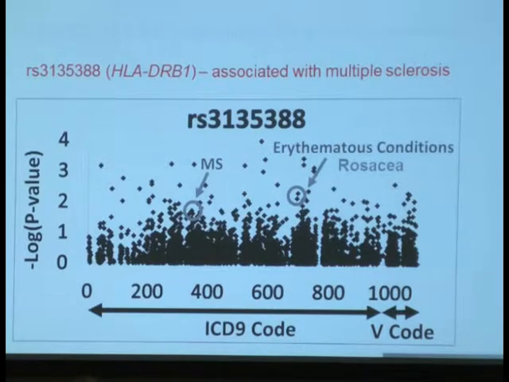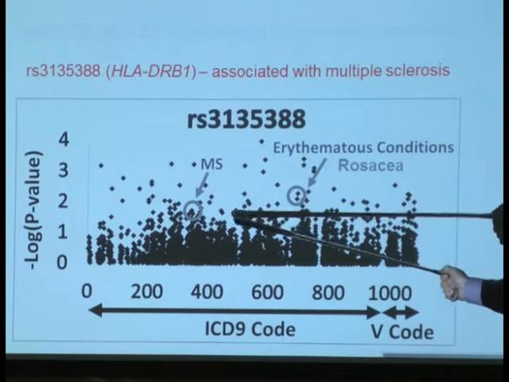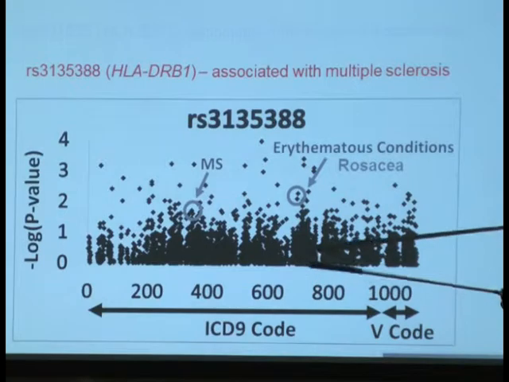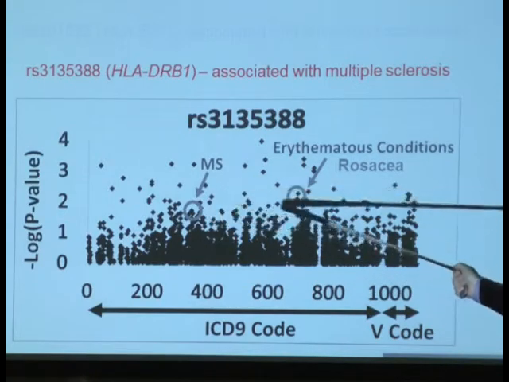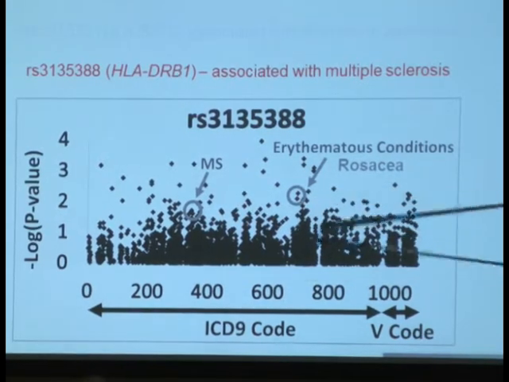But also important, if two diseases share a common genetic etiology, then drugs used to treat one disease might be repurposed to treat another. And actually, I'm doing some studies as we speak to try to determine if we have in our electronic medical record system what MS patients are on drugs that are used to treat rosacea, and I'm asking the question, well, what are those drugs doing? Is it changing their disease process?